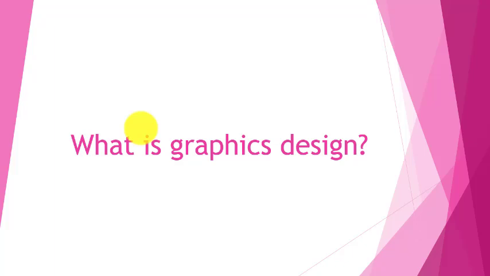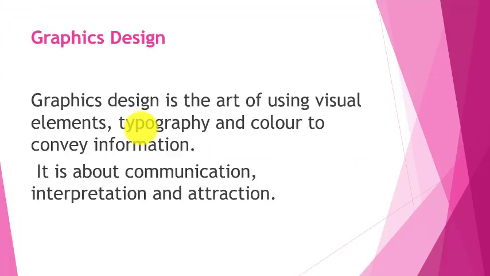Alright, since we are now conversant with what we mean by graphics, now, what is graphic design? So graphic design is the art of using visual elements, typography, and color to convey information.